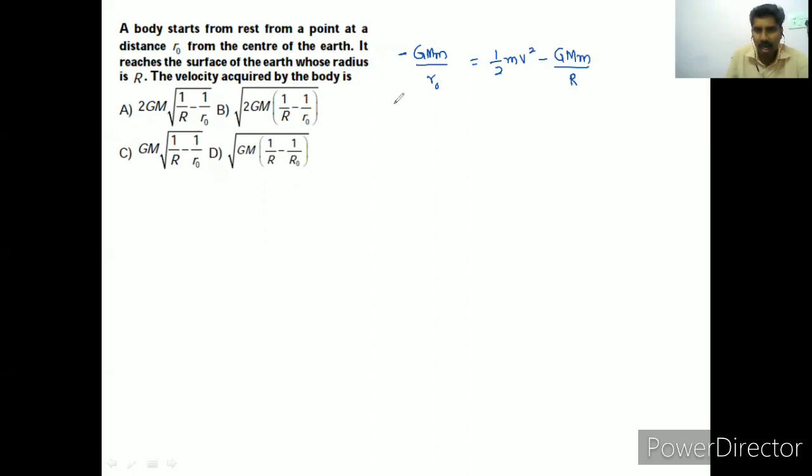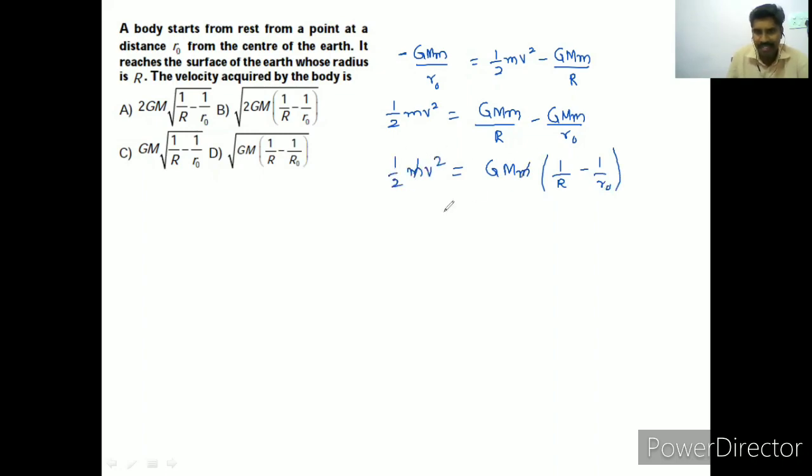Now I will write half m v square is equal to G M m by r minus G M m by r naught. So I will take the common G M m. So we can get 1 by r minus 1 by r naught. So here half m v square, m cancels.